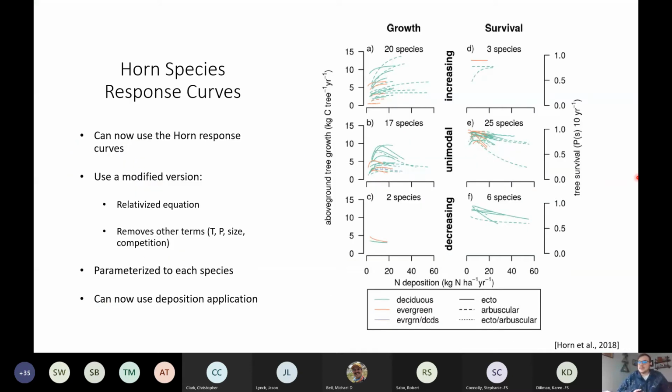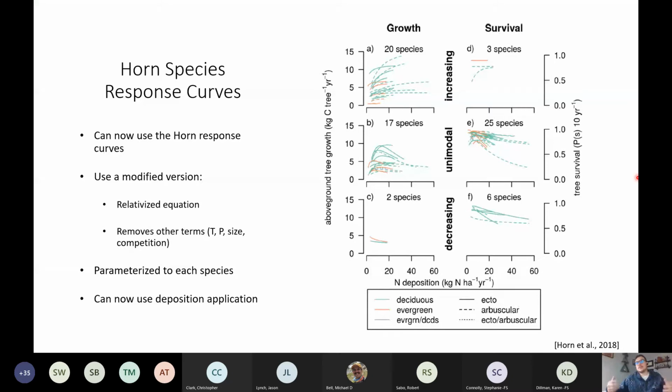And so the next piece of information that we need are the response curves themselves. So, we can now use these for individual species. What we do within this application is we actually use a slightly modified version of what was used in the Horn et al. publication. And it's a relativized equation.